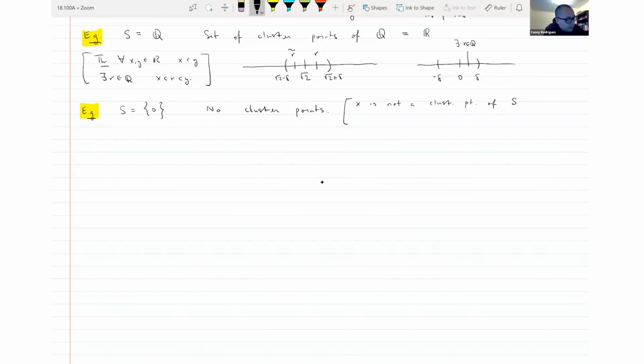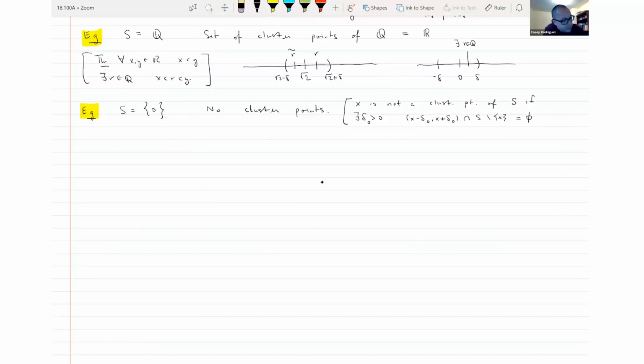So, remember the definition of cluster point: for all delta... The negation means there exists one bad delta, so that the interval (X minus delta 0, X plus delta 0) intersect S, take away X, equals the empty set.